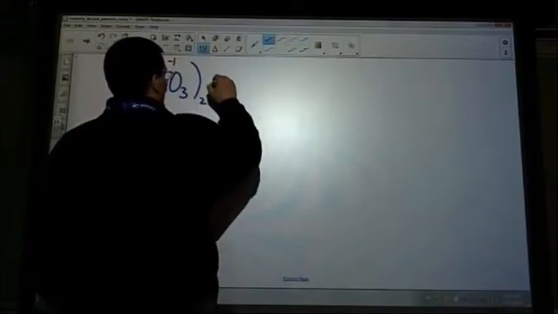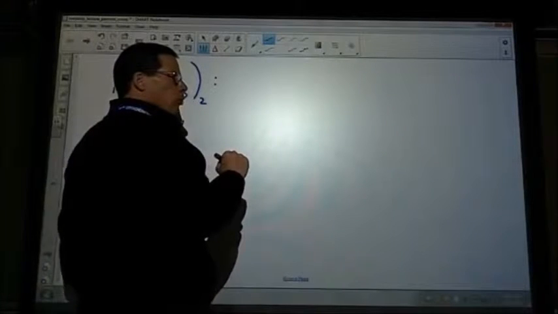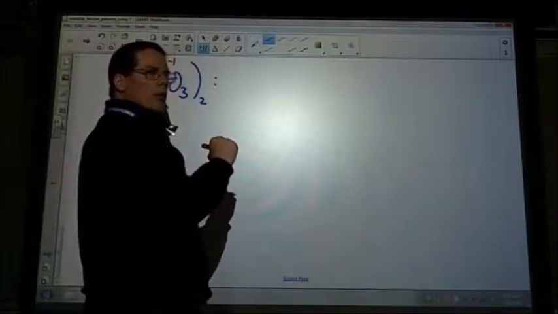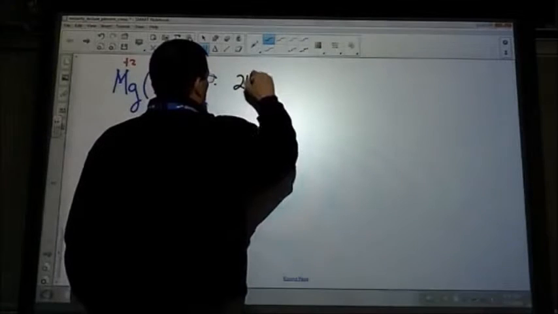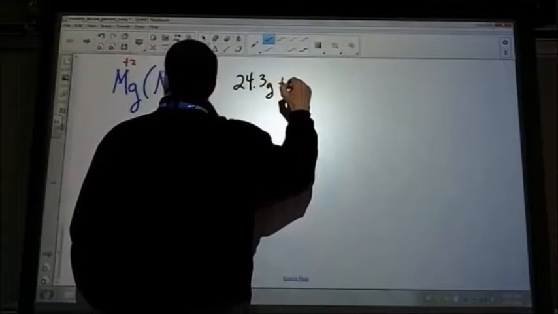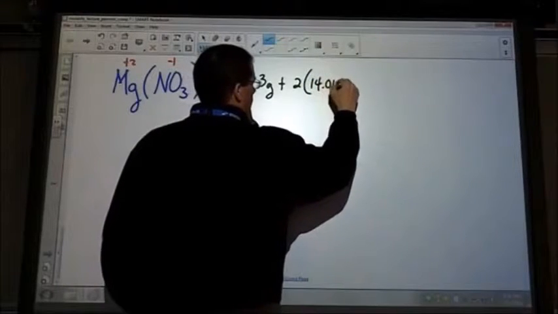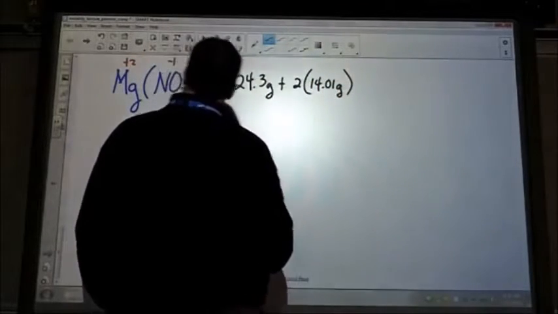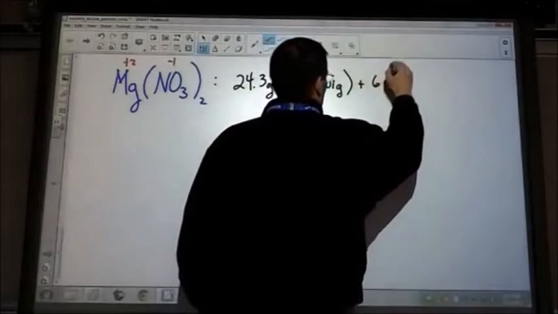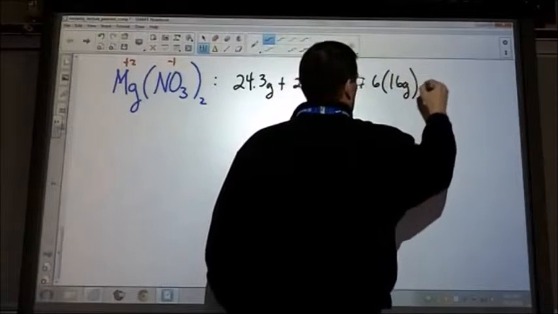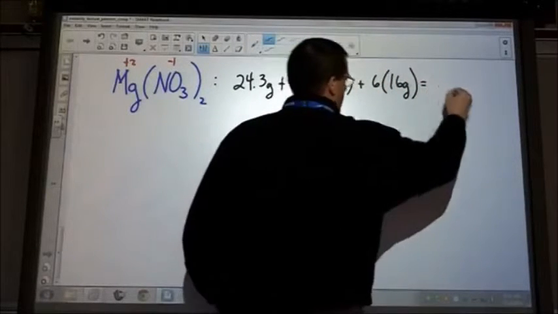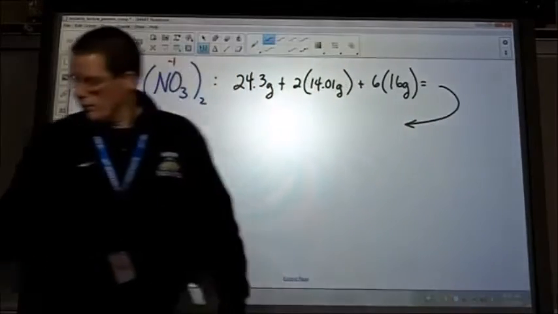So magnesium nitrate has 1 magnesium, which is 24.3 grams. And then we have 2 nitrogens, which is 14.01. And how many oxygens? 6 of those. And then you get a molar mass of something.